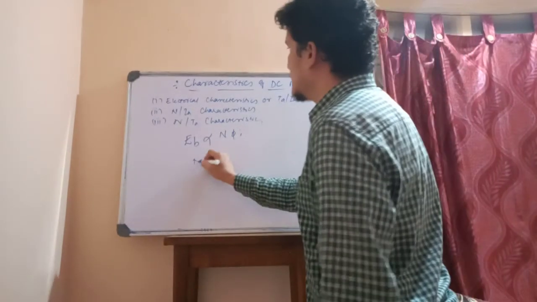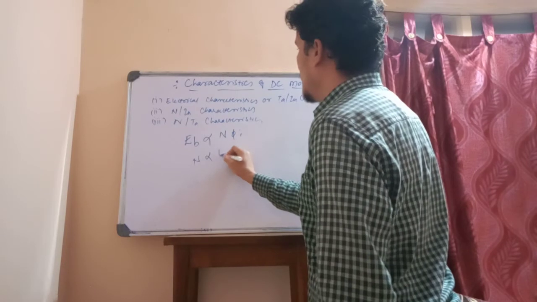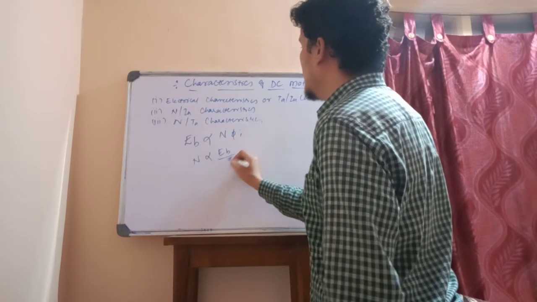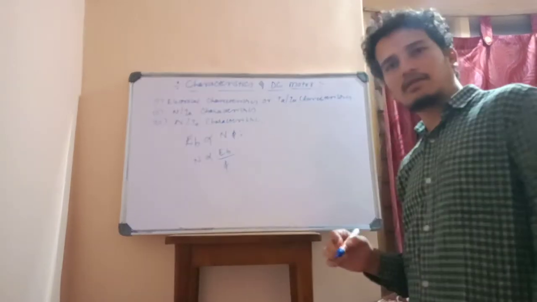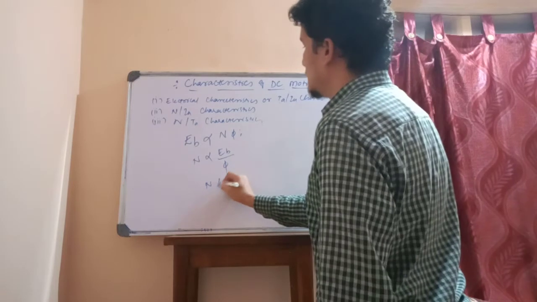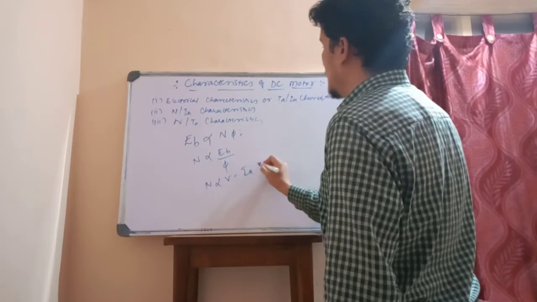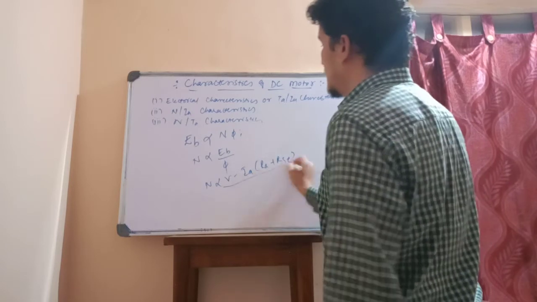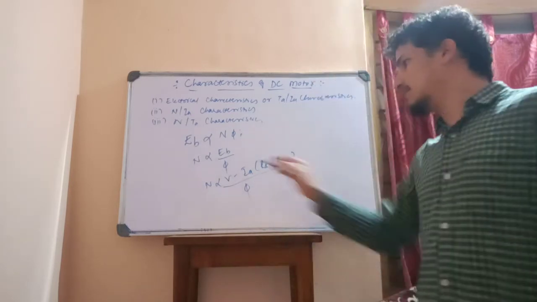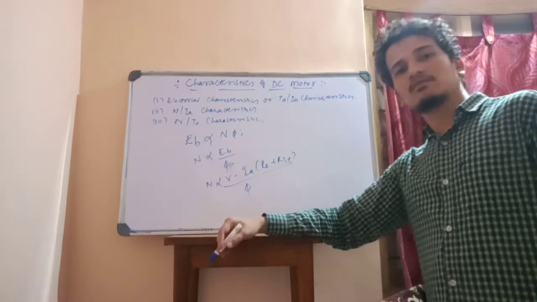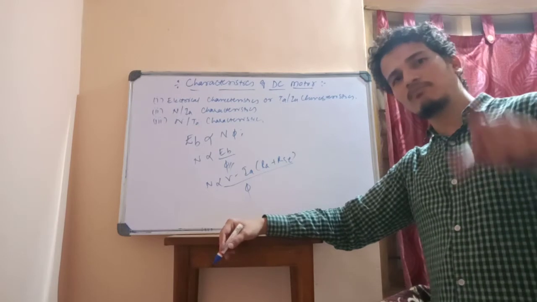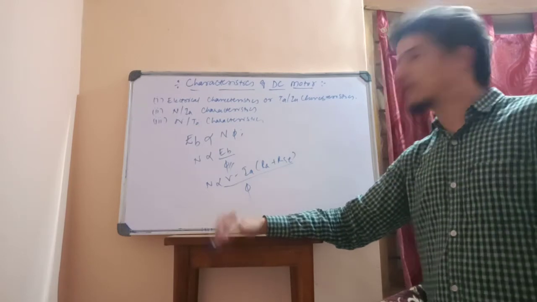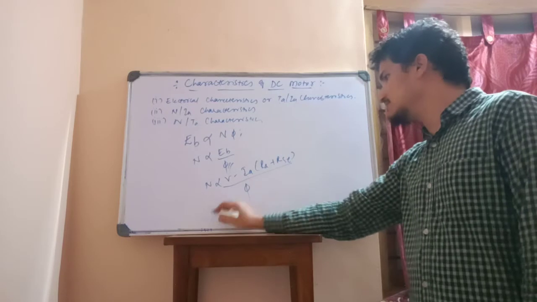So N is directly proportional to EB divided by phi, right? So N is directly proportional to V minus IA into (RA plus RSE) divided by phi. I am taking consideration of phi because the flux will be varying with respect to load in a series motor. That's why I am taking the consideration of flux here.